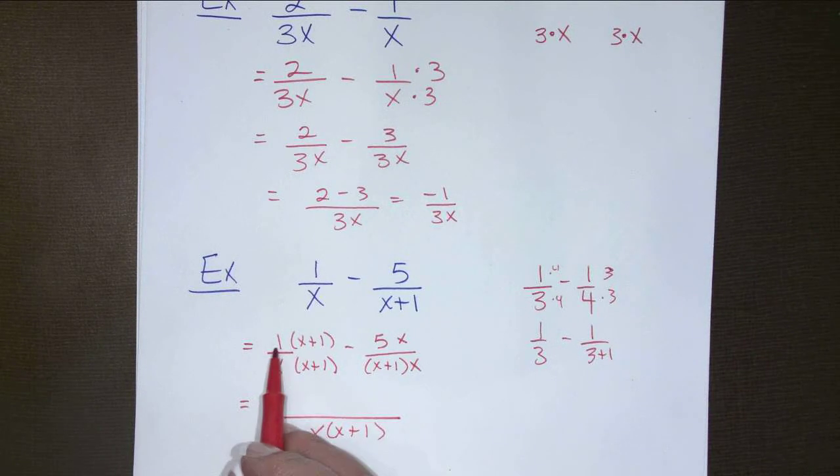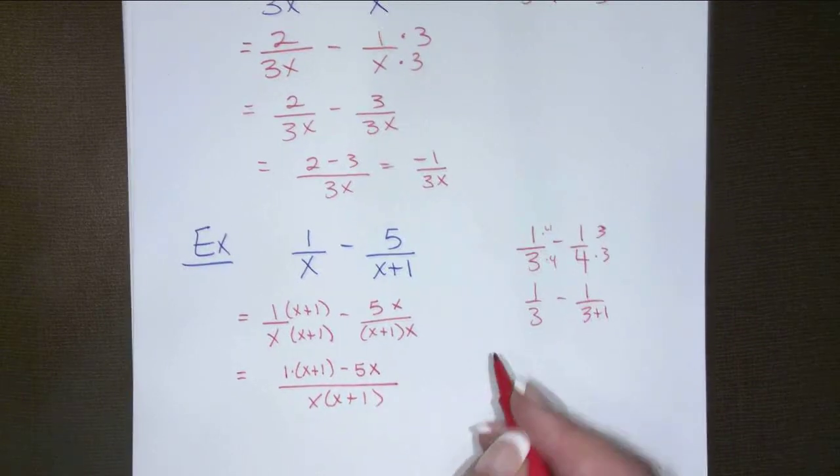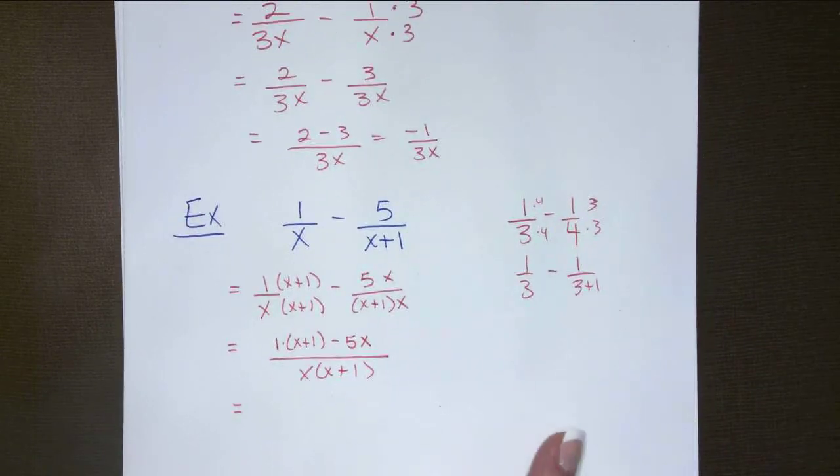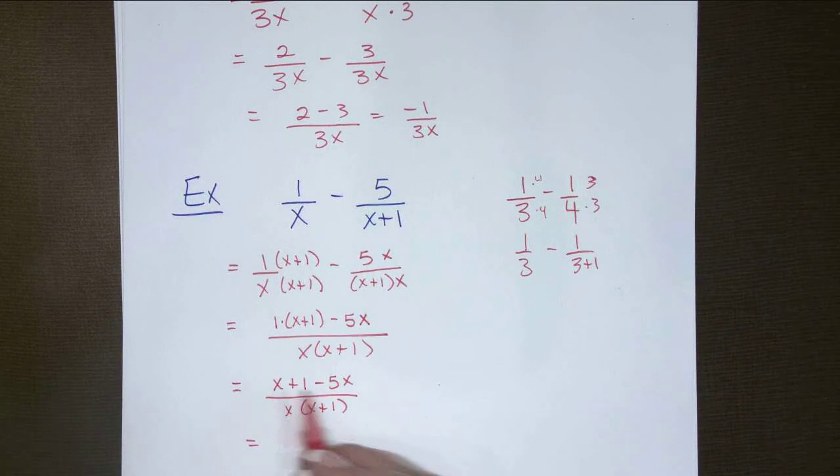So here we have 1 times x plus 1 minus 5 times x. That's just x plus 1 minus 5x. So here our like terms are x minus 5x. So 1 minus 5 is minus 4, plus 1.